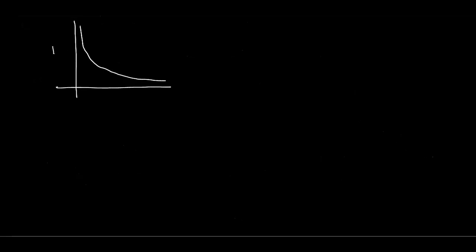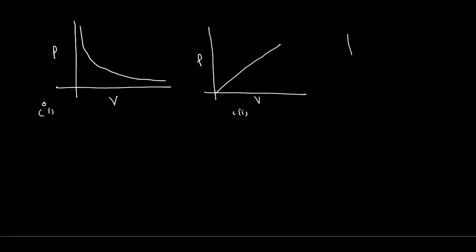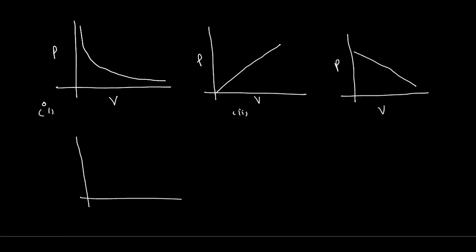Now comparing this equation, if you are drawing a graph, this is the PT graph, and now I'm making the options. This one is the first option, this one is the second option. If I'm taking P and V here, will it be like this?